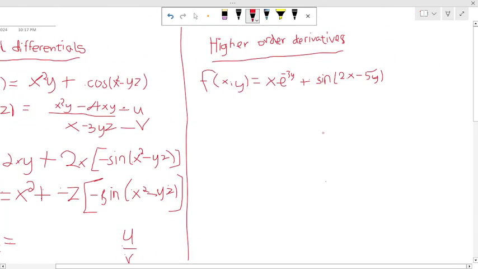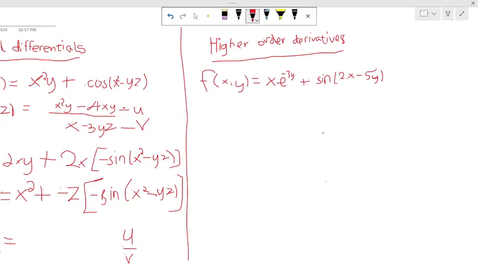Now let's move on to higher order derivatives, that is partial derivatives with higher order. What do we mean by partial derivatives with higher order? In the previous tutorial we did only the first partial derivatives, that's f_x, f_y.